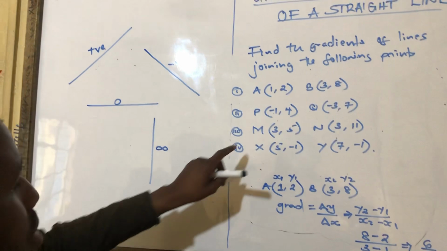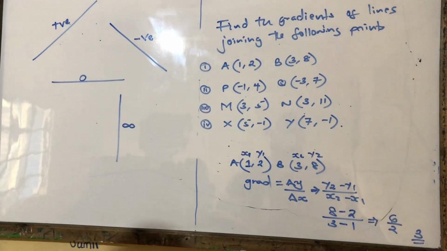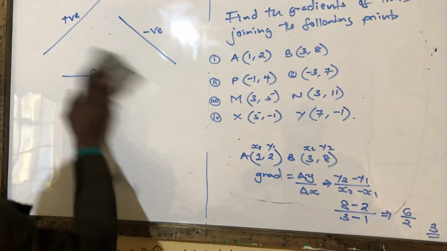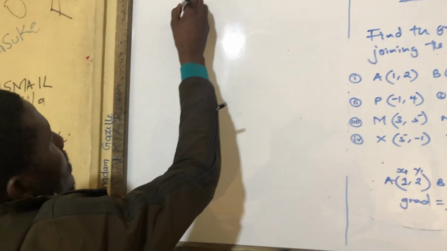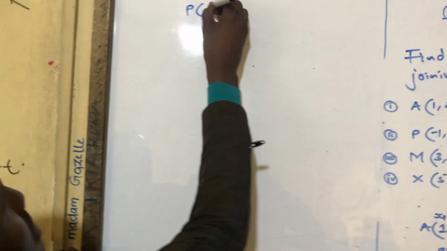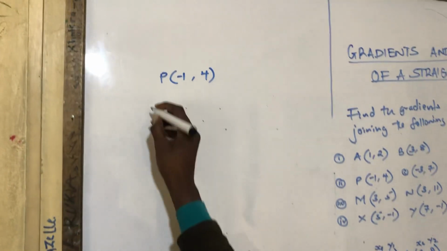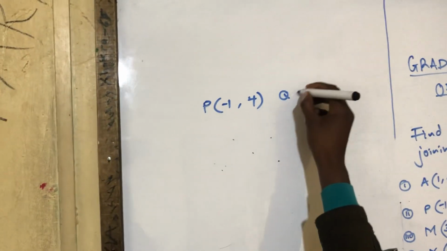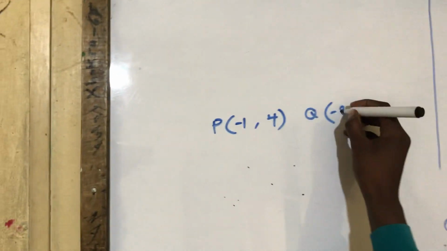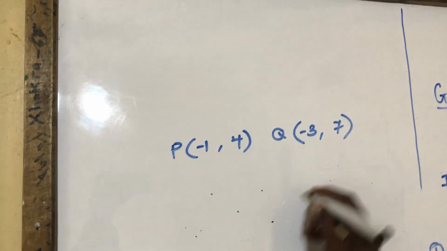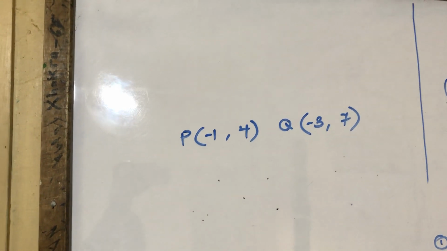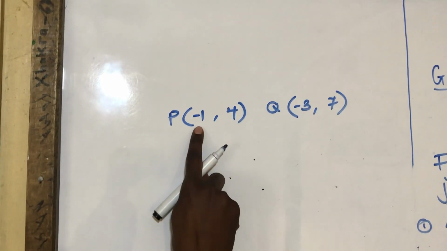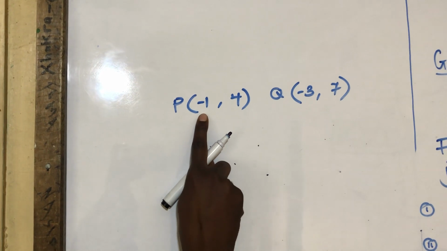I want us to obtain the gradient of the second line. What is the gradient of the second line? We have got P, whose coordinate is -1, 4. We have got Q, whose coordinate is -3, 7. Like we had already mentioned, in any coordinate, this first number is taken as the x coordinate.